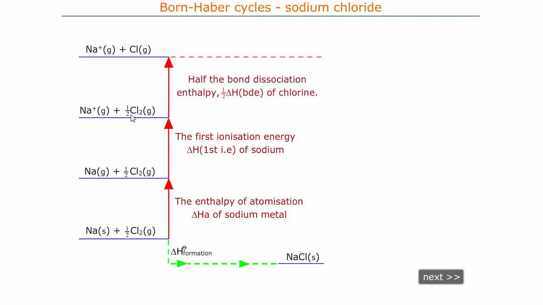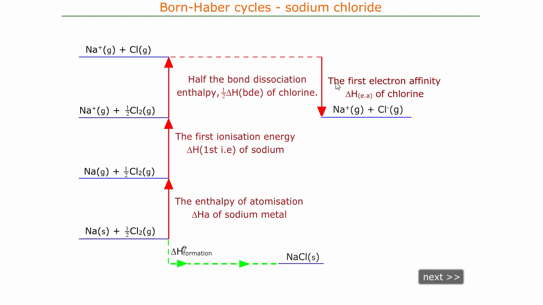Not quite though, because it's only half a mole of bonds, so it's 1/2 the bond dissociation enthalpy of chlorine, and this will produce 1 mole of chlorine atoms. However, we can't put chlorine atoms into the lattice, so we have to now turn the chlorine atoms into chloride ions, and this is the first electron affinity, which is an exothermic process. So the energy of the combined system goes down to give sodium gaseous ions and chloride gaseous ions.